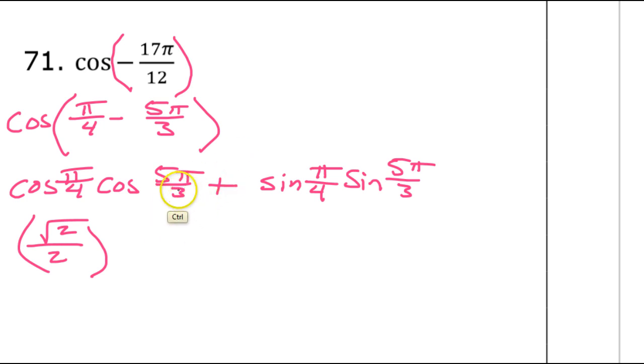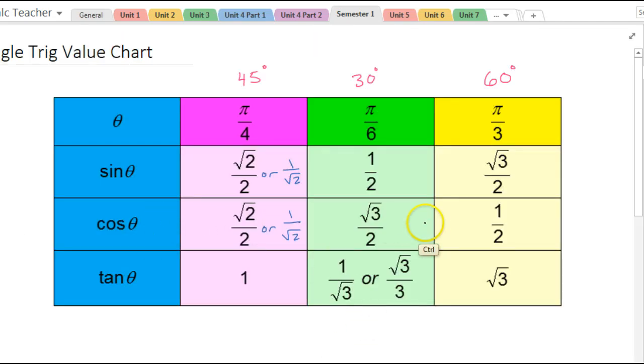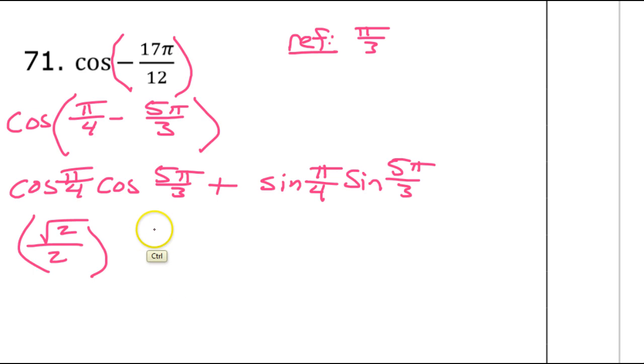You see that the reference angle is pi over 3. What is the cosine of pi over 3? Well, that's going to be 1/2. So that means the cosine of 5 pi over 3 is either going to be 1/2 or negative 1/2. All right, it's one of these two.